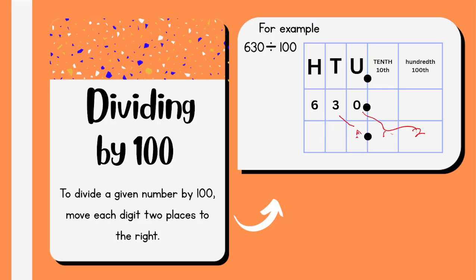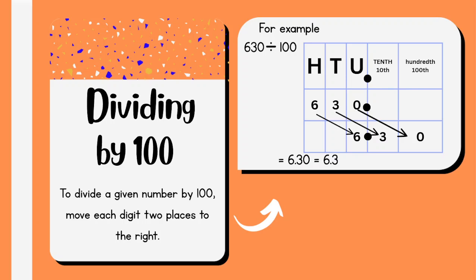So let's do that right away. As you can see, 1 has moved from that place to the next place. Then 3 will move, and then 6 will also move. So what do we have? We have 6.30, which is also the same thing as 6.3.